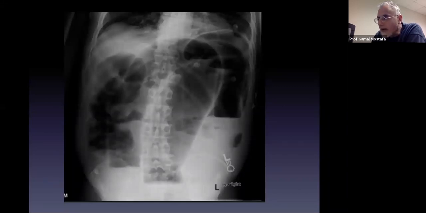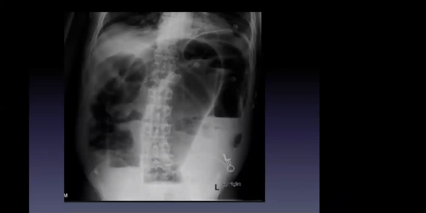Can you tell me the management difference between sigmoid and cecum? So sigmoid, we can start with deflation first with the rigid sigmoidoscopy, and then after 3 to 4 days we give time for the bowel to settle, we give time for the edema to settle, and then we need to do the operation for this patient.